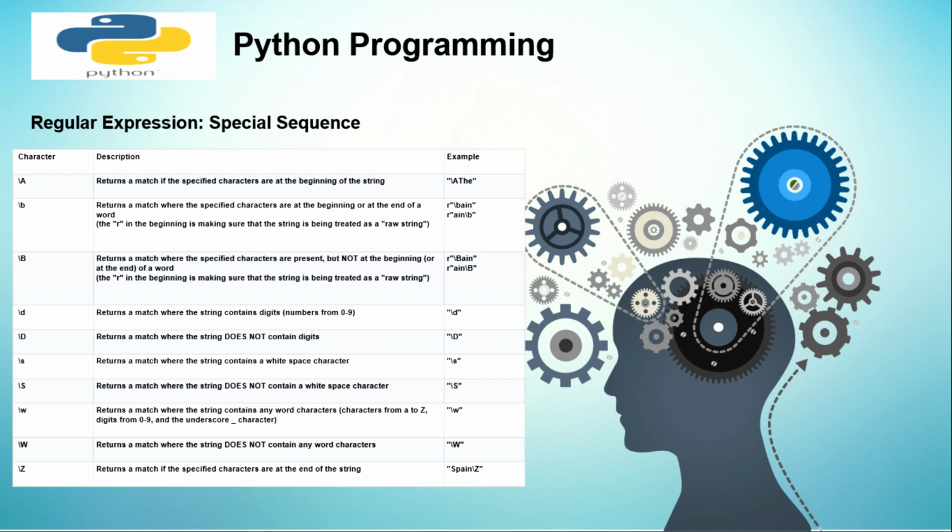The small w returns a match when there are any word characters, letters from A to Z, digits from 0 to 9, and underscore. The capital W is very simple, the opposite: it does not contain any word characters. And capital Z returns a match with the specified characters at the end of the string.